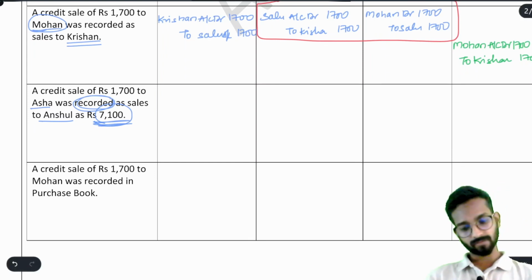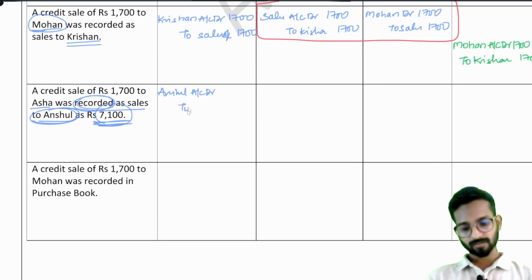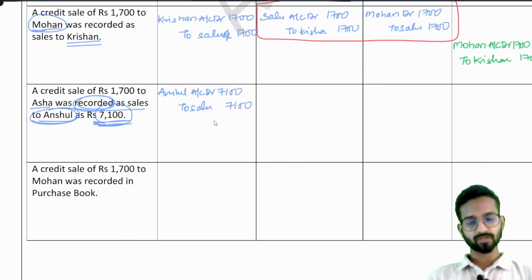Understood? See, so the entry will be, it was recorded as sales to Anshul. So the wrong entry is Anshul account debit to sales. We wrote 7100. We have written this. Now we have to reverse this.